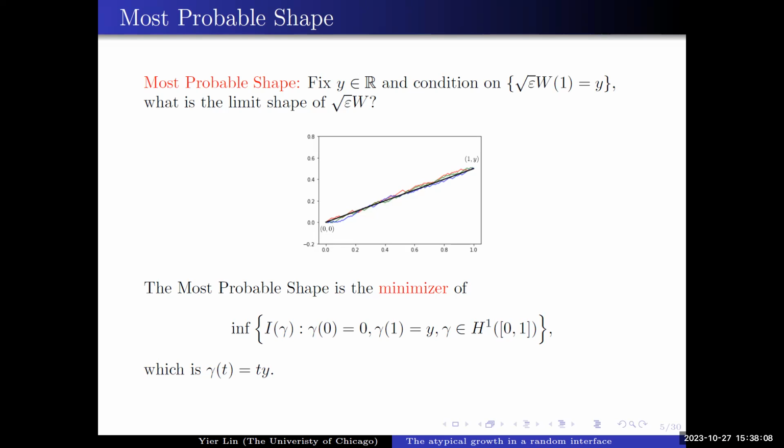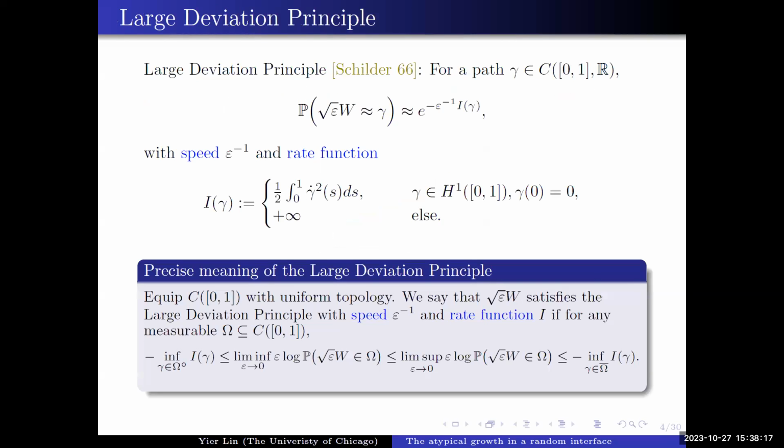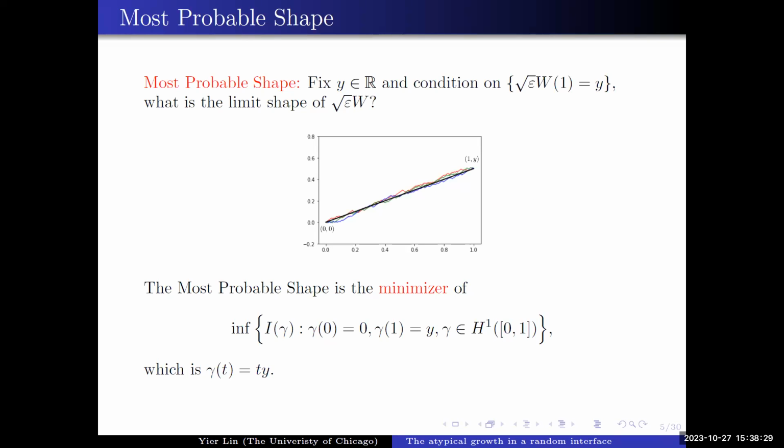And how can we understand this question mathematically? Remember, we have a large deviation principle, and the large deviation principle compares the likelihood of each path using the rate function. The paths that have the smaller rate function are more likely. So to understand which one is the most likely, we should consider the path gamma that minimizes the rate function.